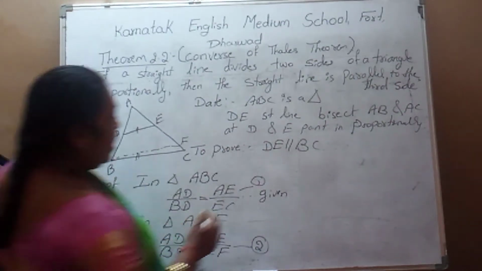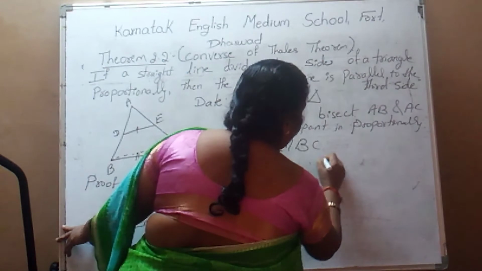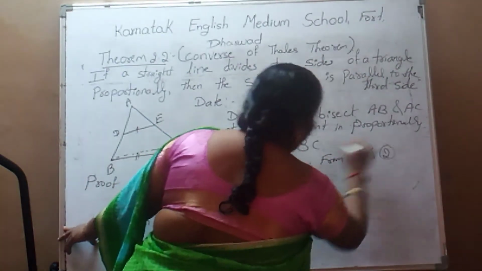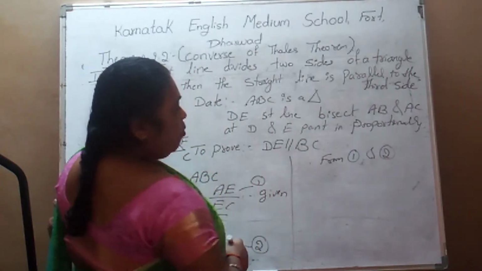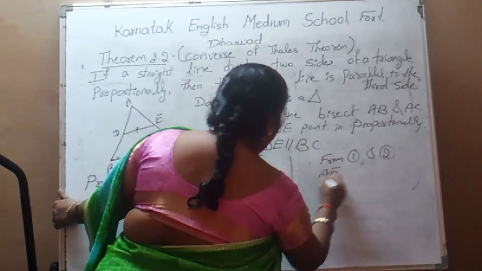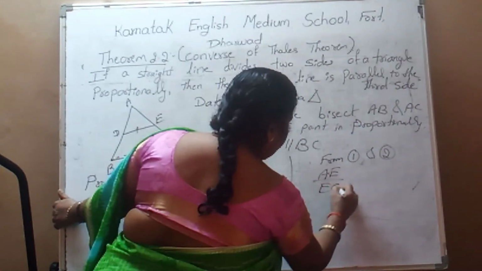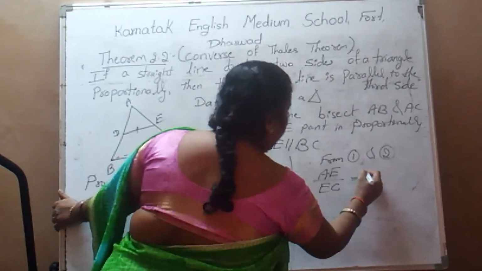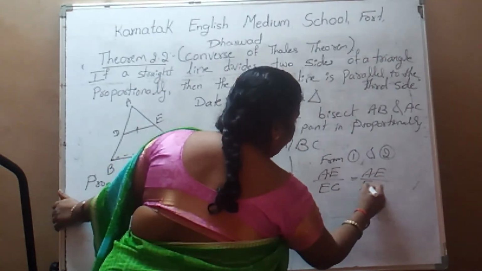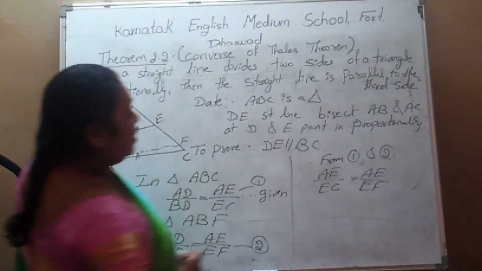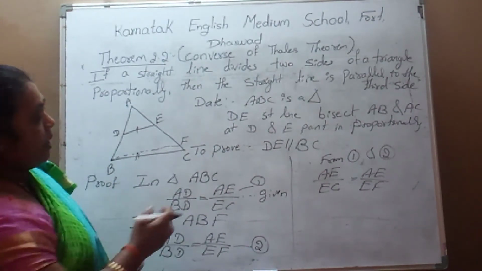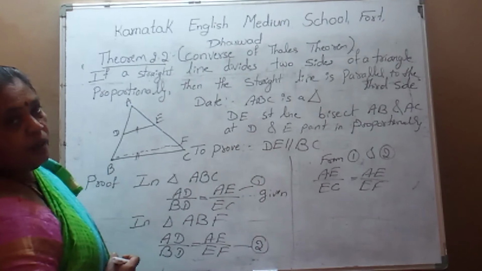Here RHS both are equal. Therefore, from 1 and 2, AE divided by EC is equal to AE divided by EF.